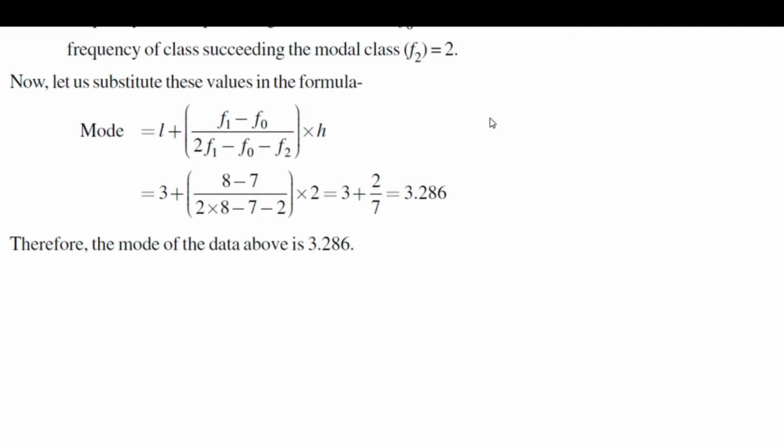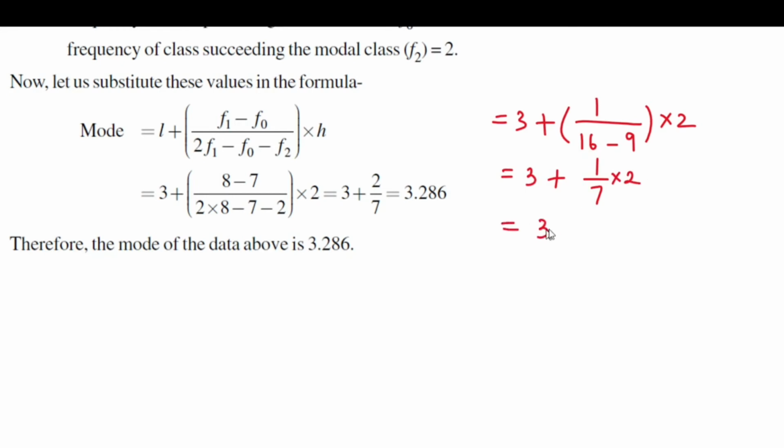This comes to 3 plus 1 by, this is 16 minus 9, into 2. This is 3 plus 1 by 7 into 2, 3 plus 2 by 7. Divide 2 by 7.